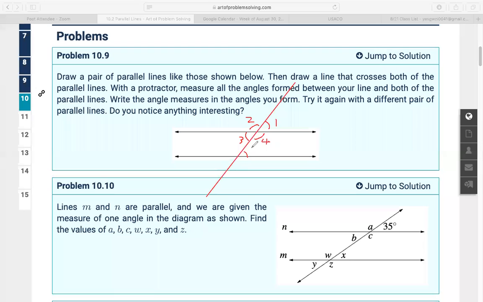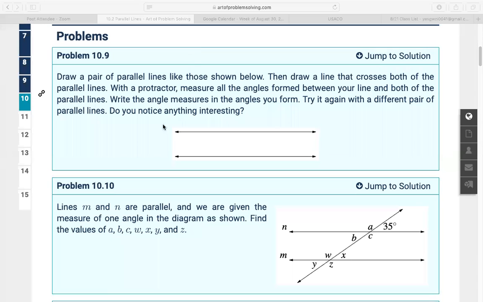Then here you have angle 5, angle 6, angle 7, and angle 8. Then you can use your protractor to measure all these 8 angles and see what their sizes are. Then which pairs are the same, right? You can do that.